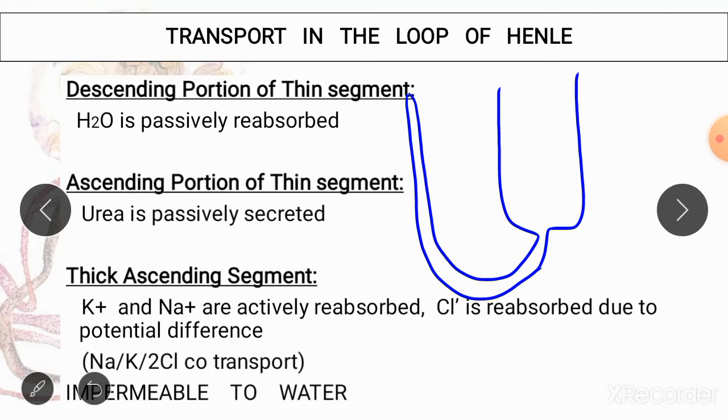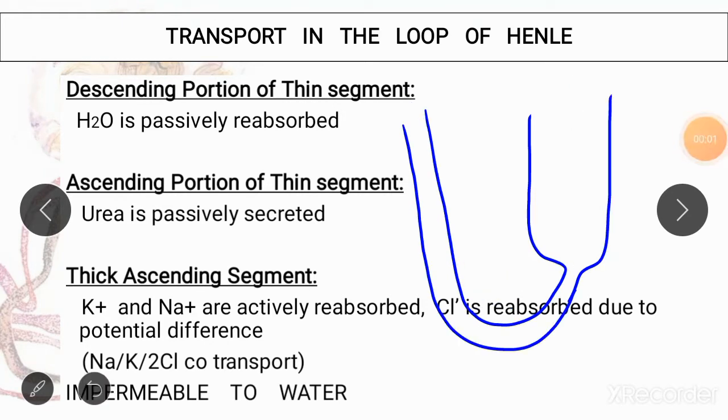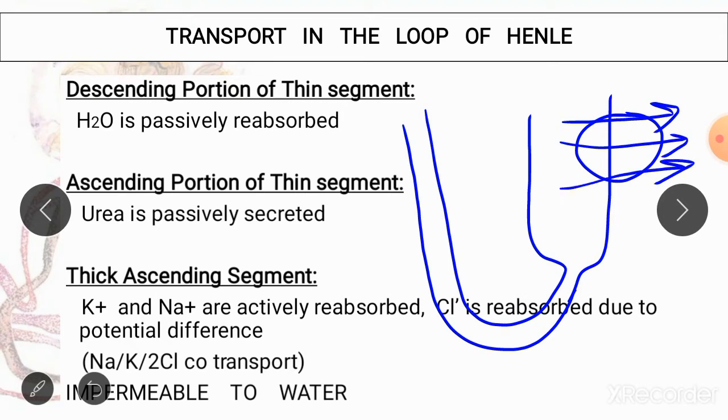Remember that your ascending limb as a whole is impermeable to water in all conditions. So no water can pass from the ascending limb into the peritubular capillaries. So another important feature of the thick ascending limb of loop of Henle is there is present a special type of transporter which is responsible for the reabsorption of sodium, potassium and 2 chloride ions, and this transporter is known as sodium potassium 2 chloride co-transporter.